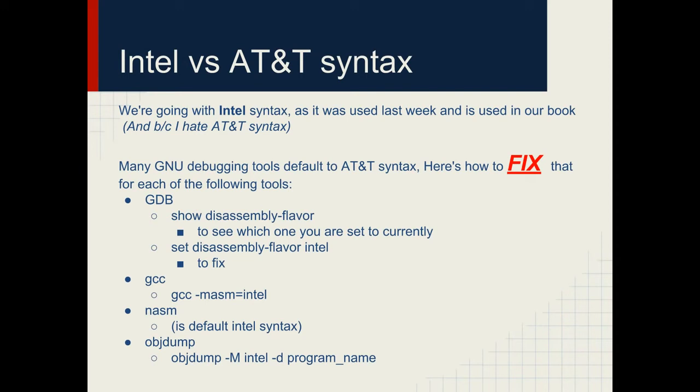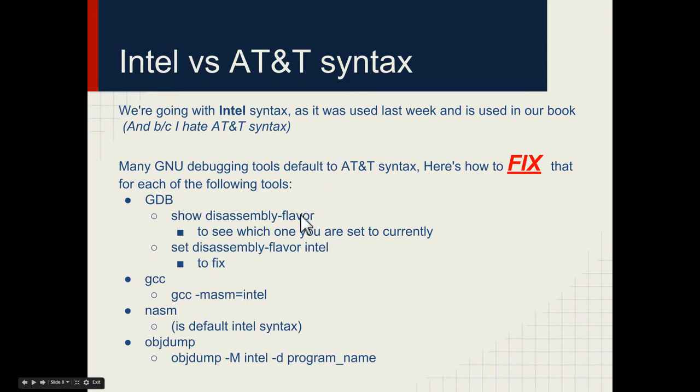And there can be different syntaxes for the instruction set of your choice. For x86, there's commonly AT&T syntax and Intel syntax. And as our guest lecturer said, most everyone nowadays uses Intel syntax. So if you're using GDB, because it defaults to AT&T syntax, which can be confusing if you're coming straight from the slides and straight from the Art of Exploitation textbook, there's a way to set it.